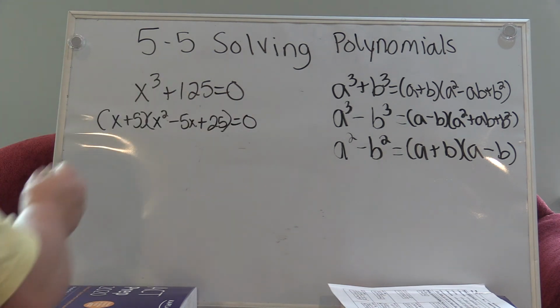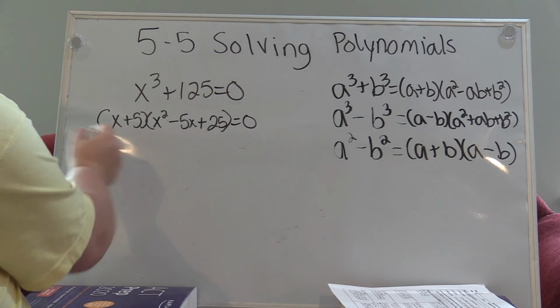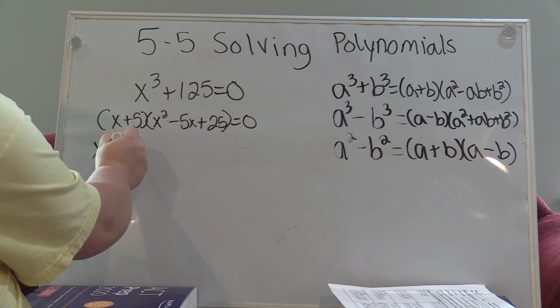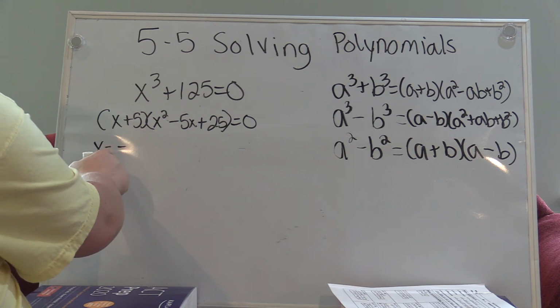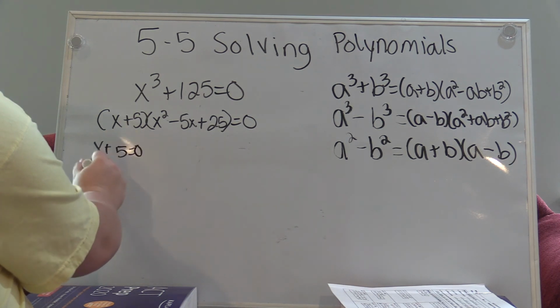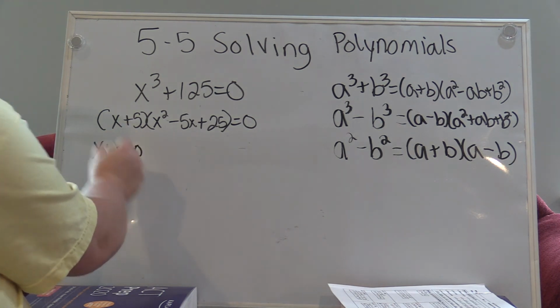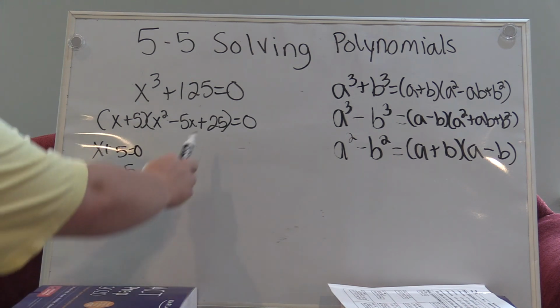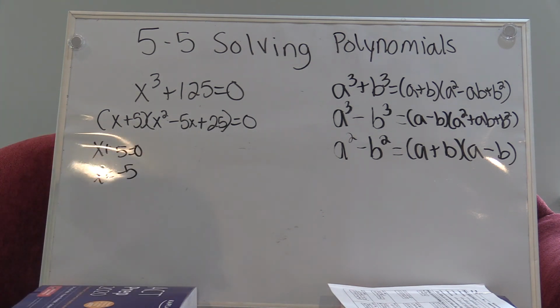So my first thing is x plus 5 equals 0, so x equals -5. Now over here, are there any numbers that multiplied together give you 25 and add together to give you -5? No.